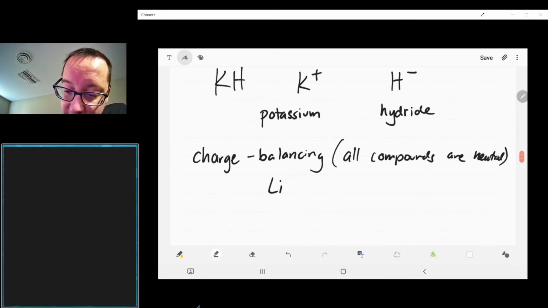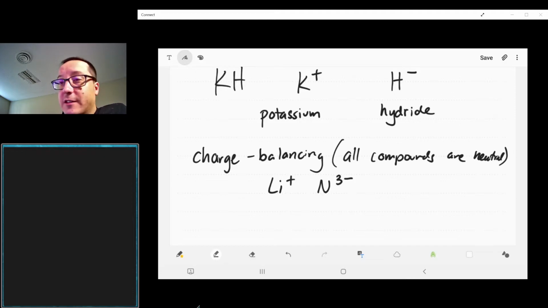So if we wanted to make a compound between these two ions, their charges are not the same, right? So we have to balance them out. The way we do this, there's a couple of methods. One of them is finding the least common multiple between them and using that.